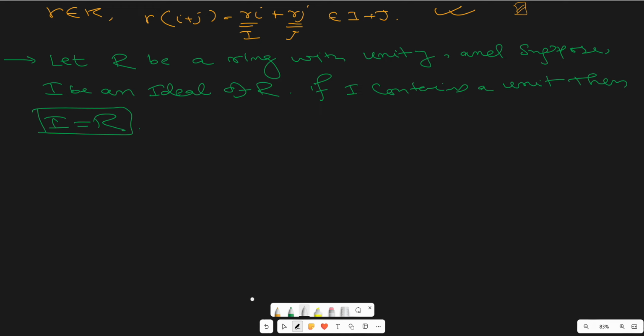If I contains one unit, then I will be the entire ring R. How do we prove it? I think the proof is very straightforward here.